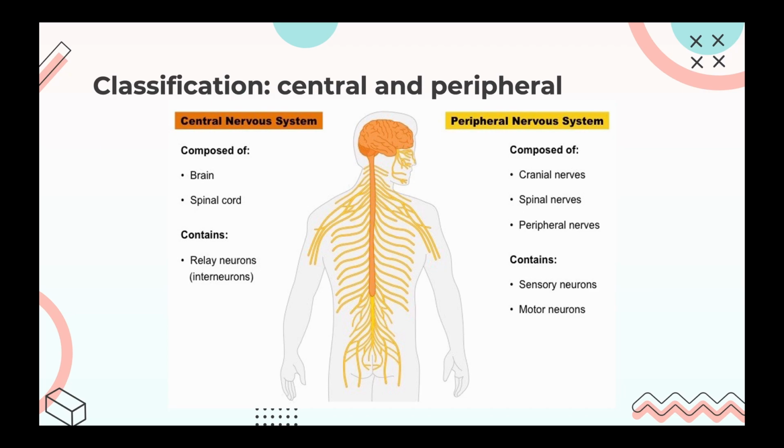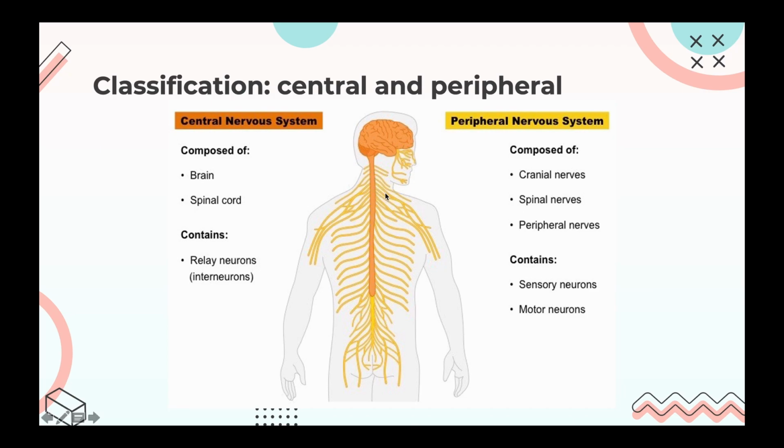First of all, one of the ways in which we can classify or subdivide the nervous system is by dividing it into a central and a peripheral nervous system. Now, the central nervous system is composed of the brain and spinal cord, whereas the peripheral nervous system is comprised of the spinal nerves, which are the nerves that you see right here.